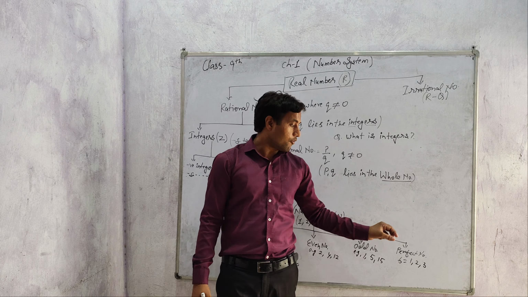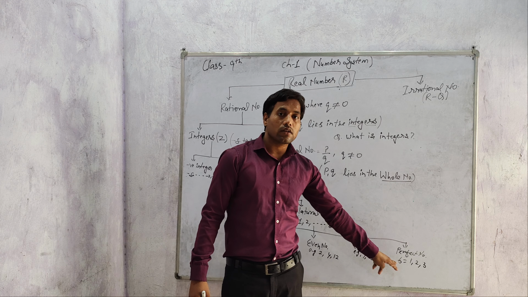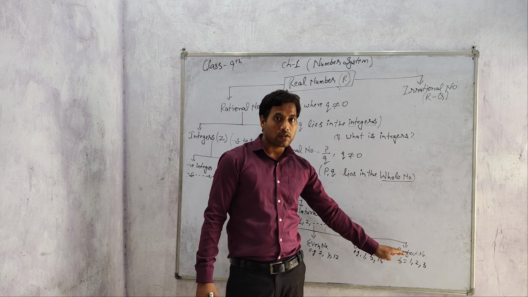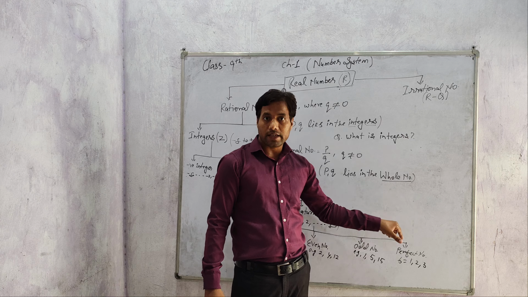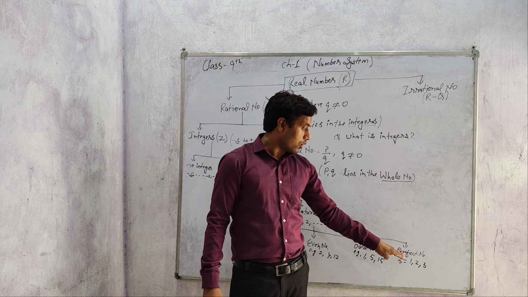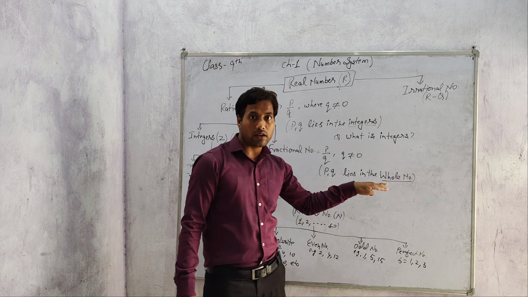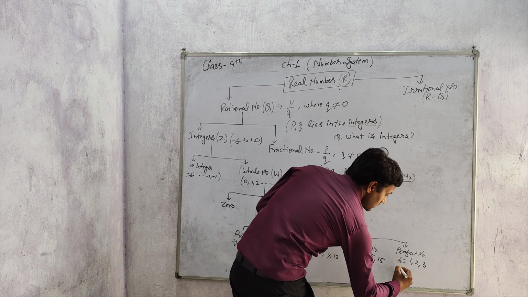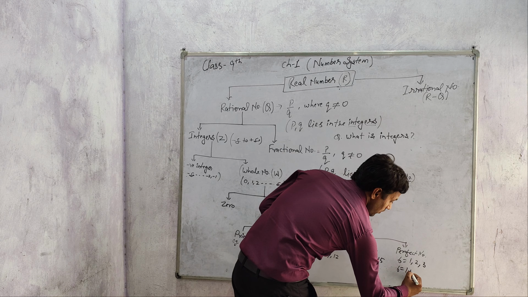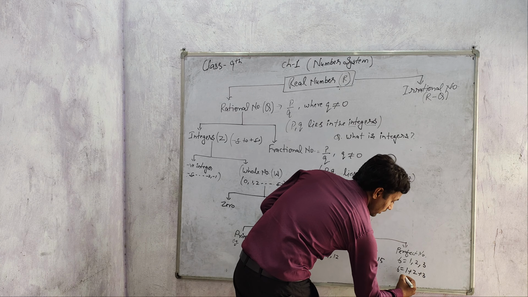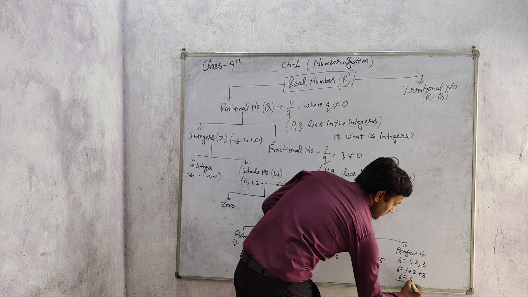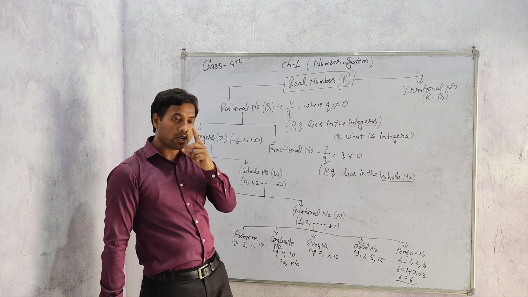If we add all the divisors of 6 except itself, the sum is equal to the number: 6 equals 1 plus 2 plus 3, 6 is equal to 6. Okay, that is a perfect number.